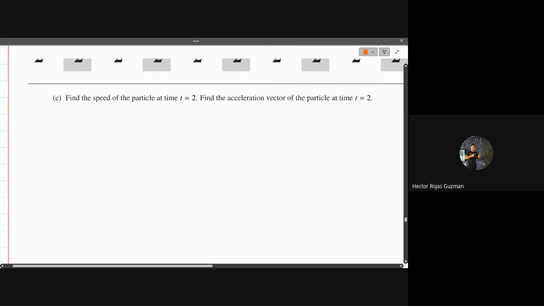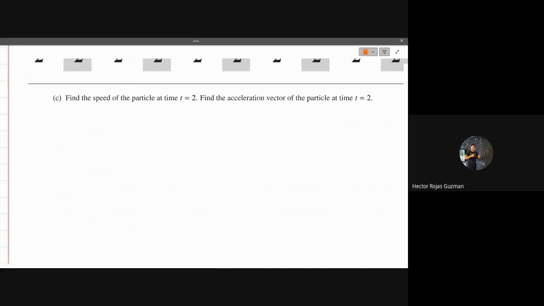Find the speed of the particle at 2 seconds. Find the acceleration vector. Okay, so two different questions here. First, we're going to go ahead and find the speed. And to find the speed of the particle, we are going to do the square root of x prime of t squared plus y prime of t squared. Okay.